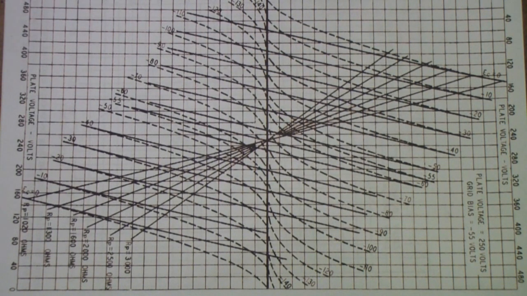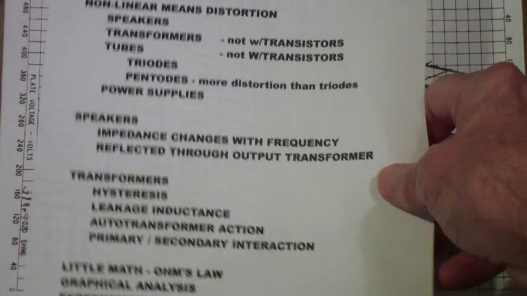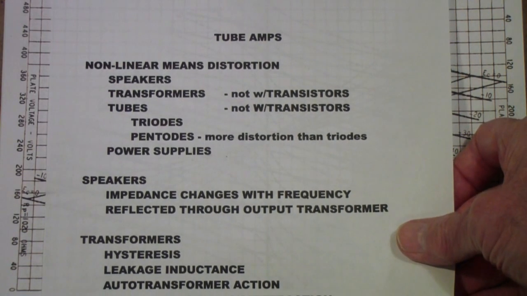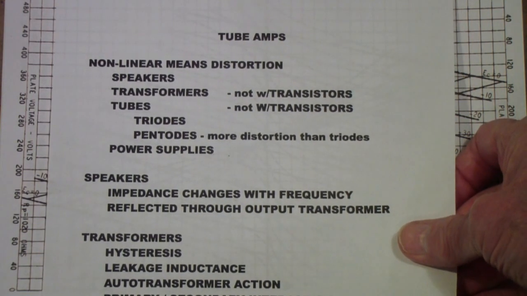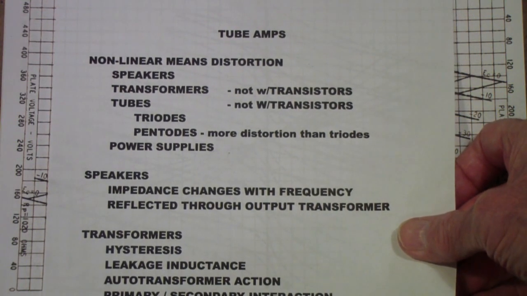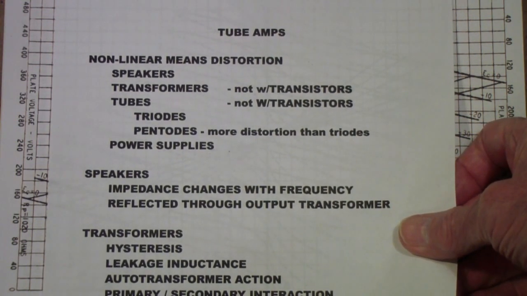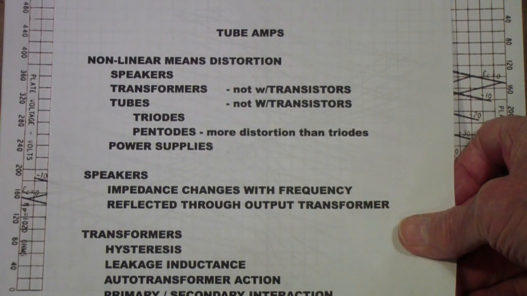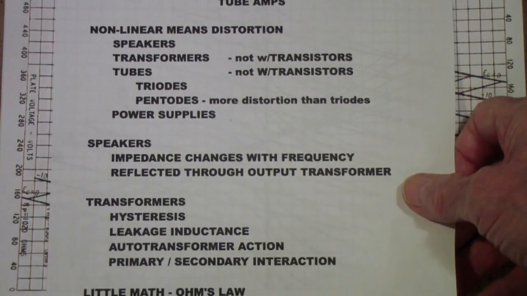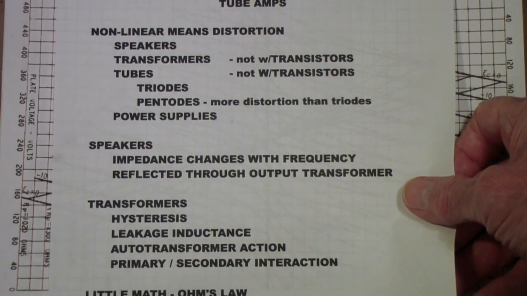got here. And for that, you may recall that we started out looking at nonlinear elements in tube amps and the role that they play in the distortion that makes tube amps sound different. Now, we looked initially at speakers, then we looked at transformers.